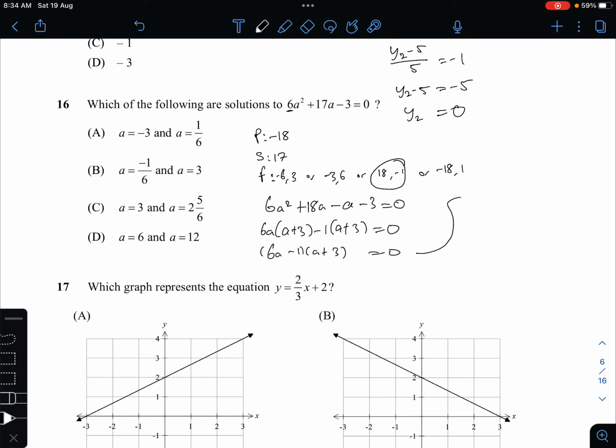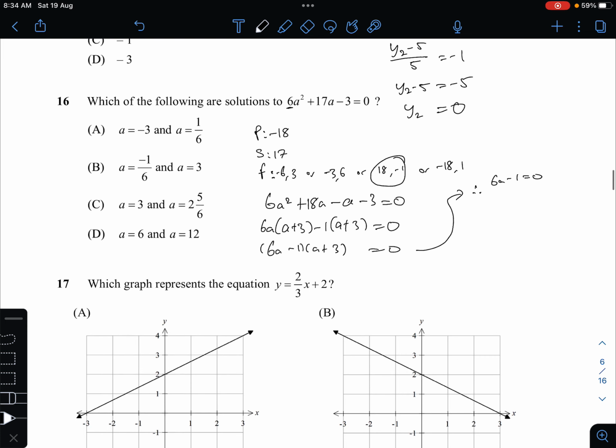And therefore 6a minus 1 equals 0, 6a equals 1, a equals 1 over 6. Or you have a plus 3 equals 0, a equals -3. So 1 over 6 and -3, which is A.